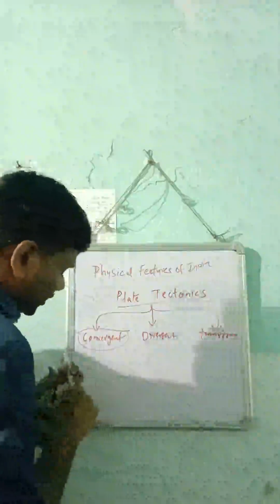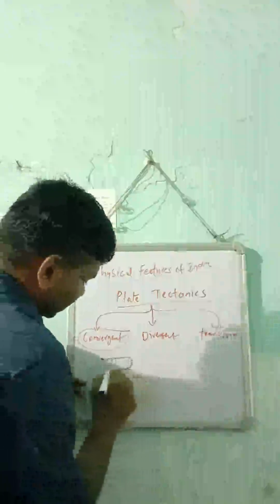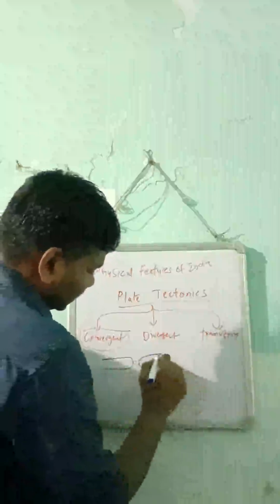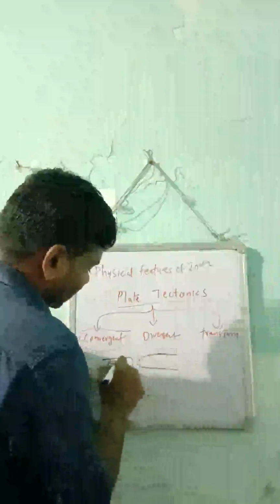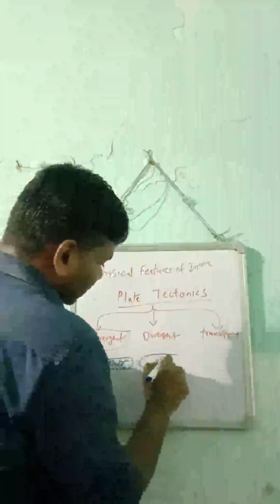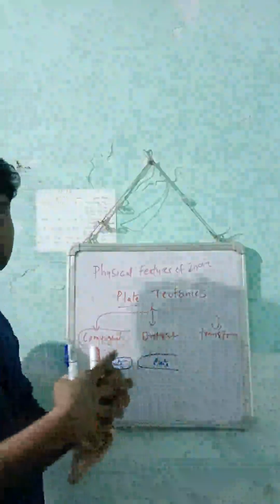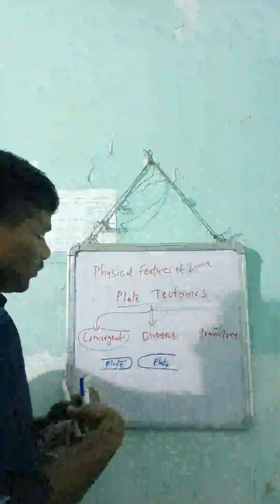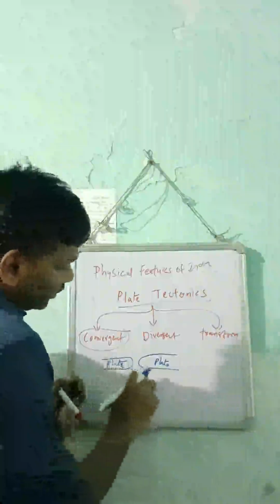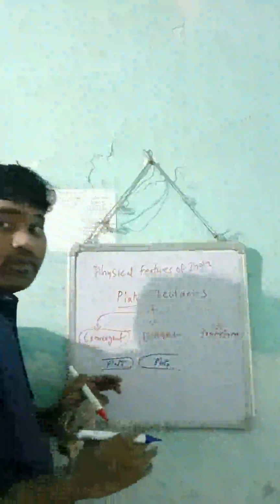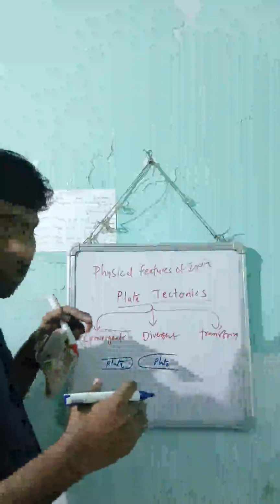For example, this is one plate, this is another plate, whether it may be a continental plate or an oceanic plate. These two plates will converge. This is called a convergent plate boundary. Due to this, the hard plate will be above the soft plate.